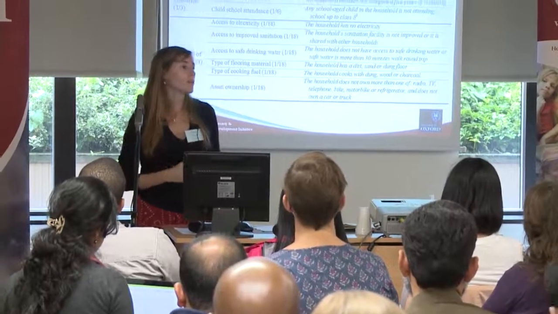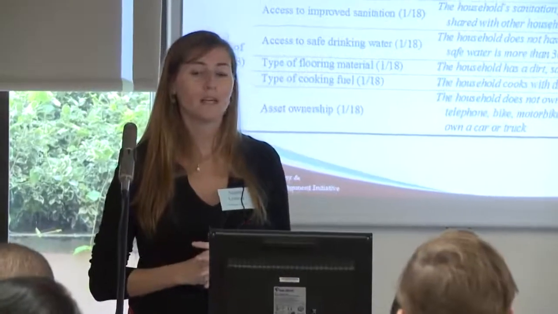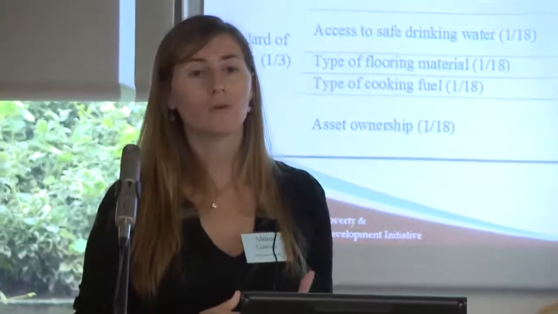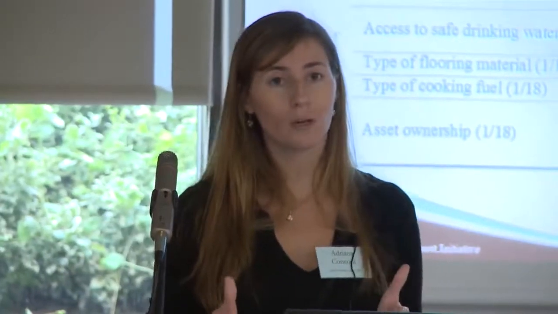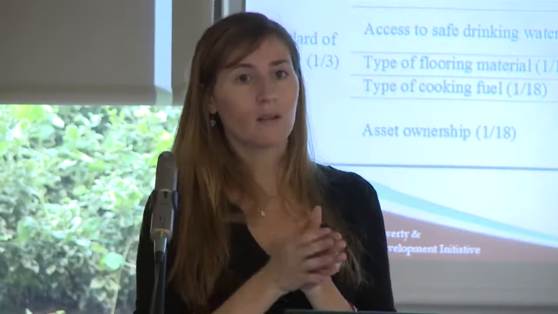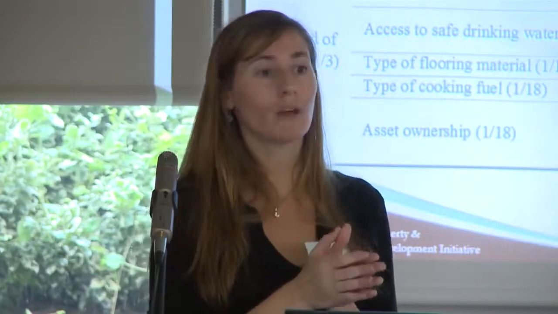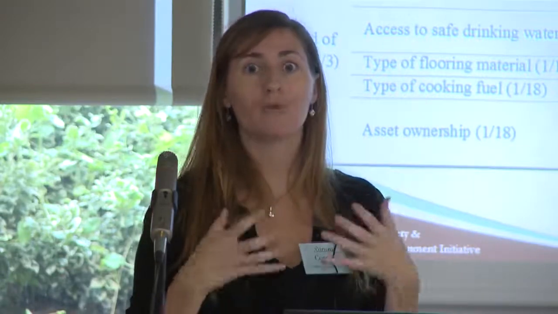Then we have an indicator on access to safe drinking water, again following the MDG definitions, and also considering distance. So we are considering that the source of drinking water should be safe, but also that the person fetching the water should not take more than half an hour, 30 minutes round trip, to obtain the water from the water source.